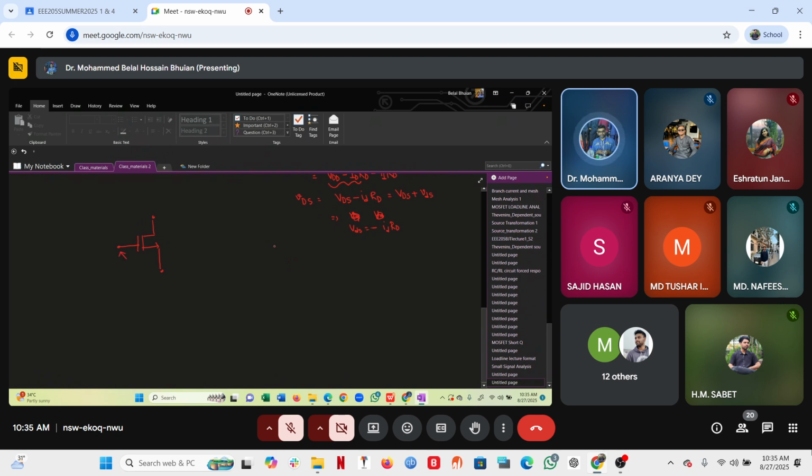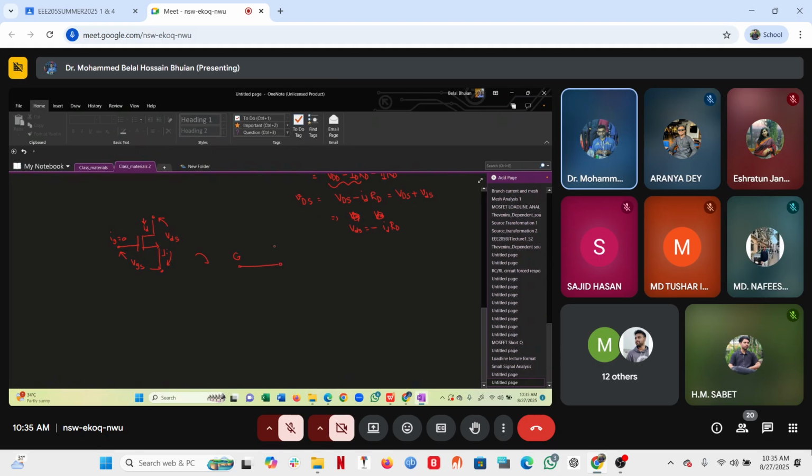Here is small signal VGS, and this is small signal VDS, and IG is equal to 0, and this is our ID. Between gate and source the gate current is 0, so it's like an open circuit.